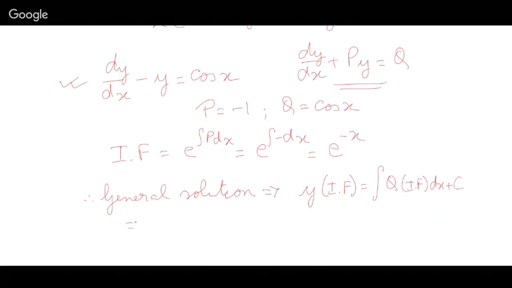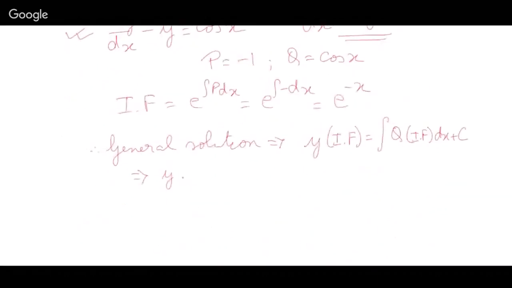So now replacing the integrating factor wherever it is given, we get y into e to the power of minus x is equal to integration of what is q? Q is cos x. That is cos x e to the power of minus x dx plus c.